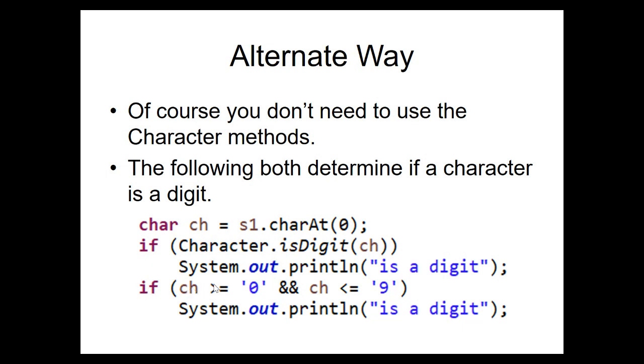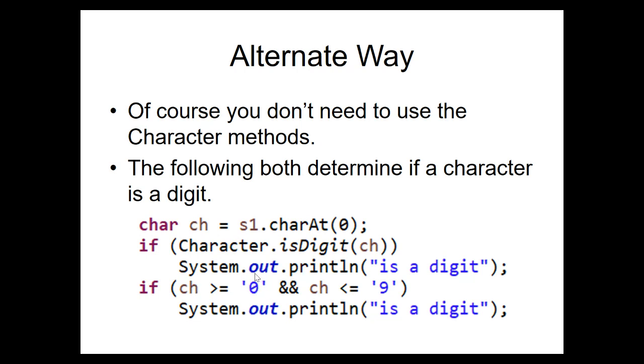If the character, remember that characters are really integers, and the integer it stores is its ASCII code. So we don't need to memorize the ASCII code for the character 0. We can just say in single quotes 0. So this is not an integer here. This is a literal character, and this is a character variable.